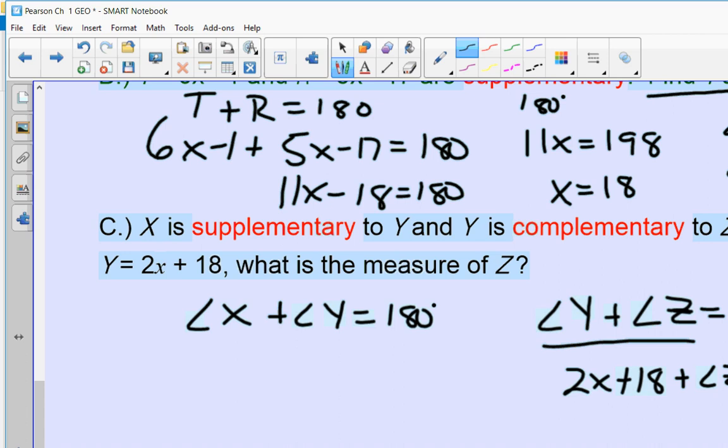Angle x is 4x. Angle y is 2x plus 18. And together they were supposed to be supplementary or equal 180. Okay, so I did the little basics, set the problems up by the rules, and then I took what they gave me and I did some substitution. Okay, so I'm going to let you guys go ahead and solve that for x, and then check your work, plug it back in. They actually want to know what is the measure of z, so hopefully that'll be pretty easy. I have to go plug that back in and get that. Okay.